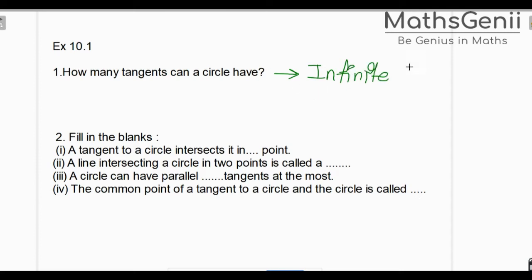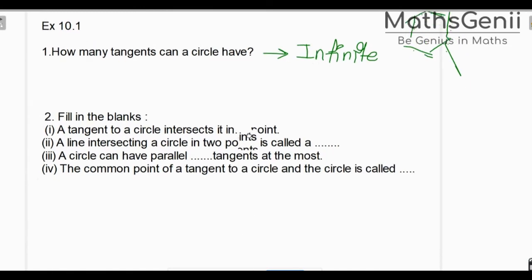Why infinite? Because circle is made out of infinite points and each point can have a tangent. In the circle, each point can have a tangent. So hence circle has infinite tangents.